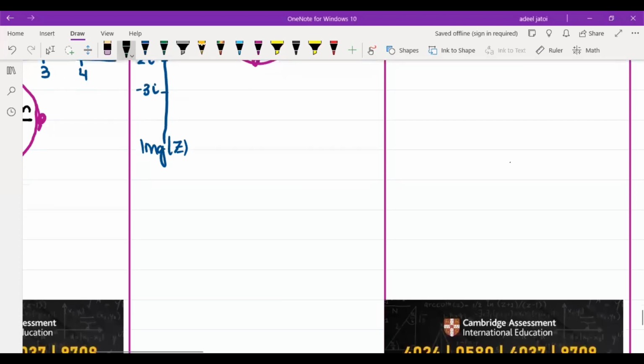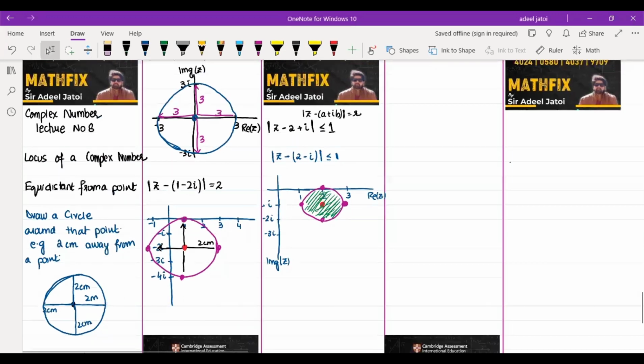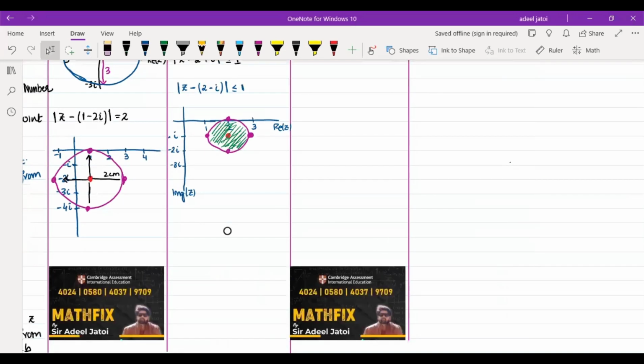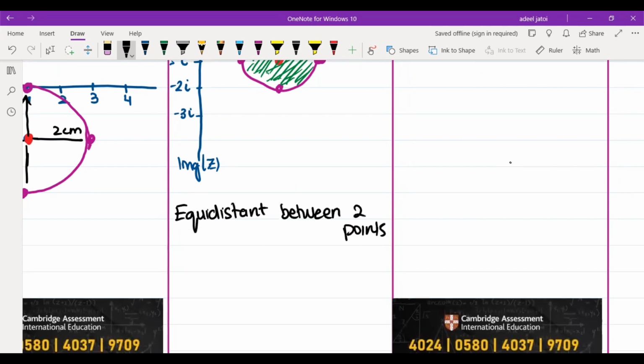Then what do we have in the complex number? We have the equidistant between 2 points. Now, what does equidistance between the 2 points mean?